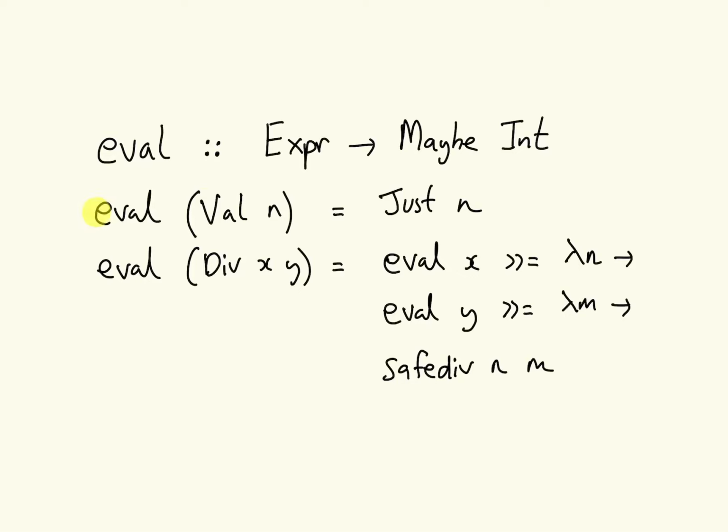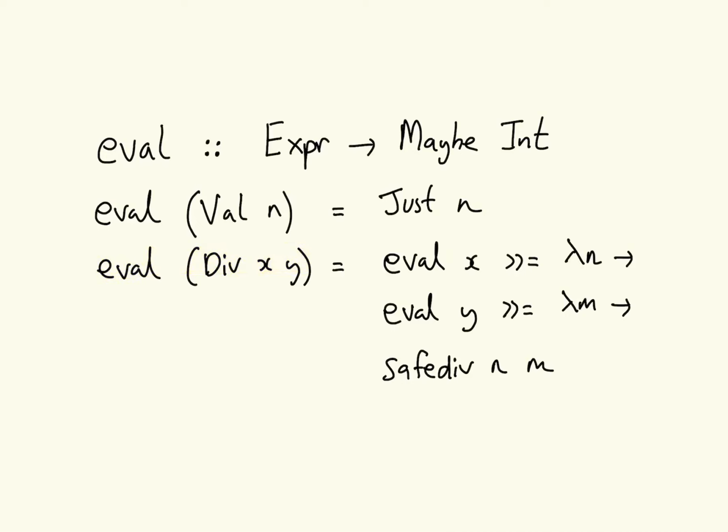So let's have a look at the definition now. The base case for the definition is entirely straightforward. If you're evaluating an integer value, then there's nothing to do. You just give back the value n, but we must return a maybe value here, so we need to tag it up as just of n. And then the interesting case is, what do we do when we try and evaluate a division? Well, it's kind of a procedure here.